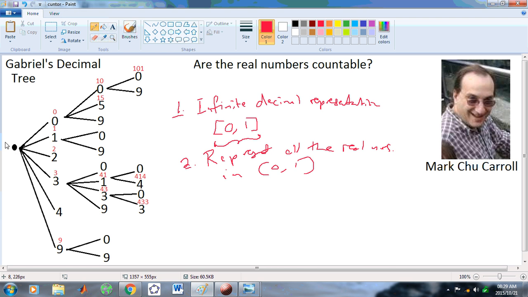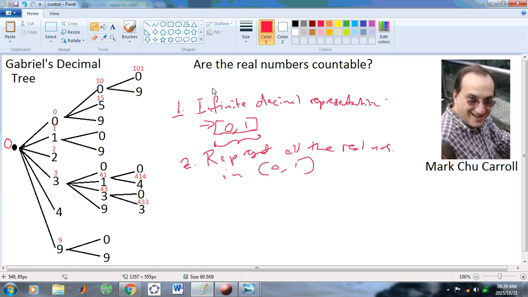Basically, it's just a tree of permutations. We have our 0 point, this big black dot, and all the numbers in the interval (0, 1). So we can represent all the real numbers in this interval using Gabriel's decimal tree. We just start off here, and we traverse the tree as we go along, and that's the infinite decimal representation of each of those numbers.